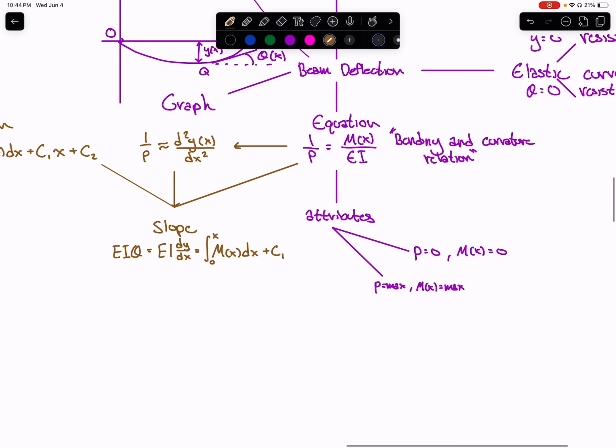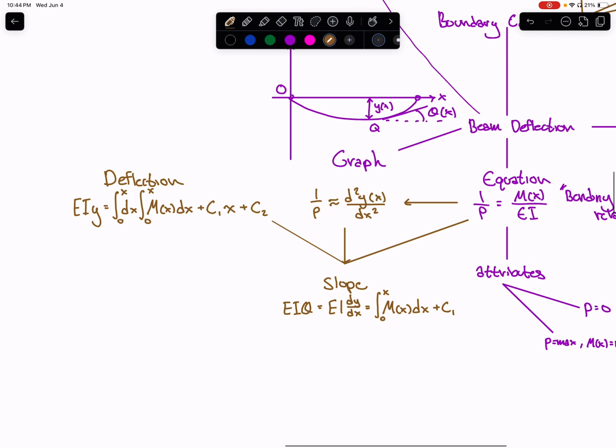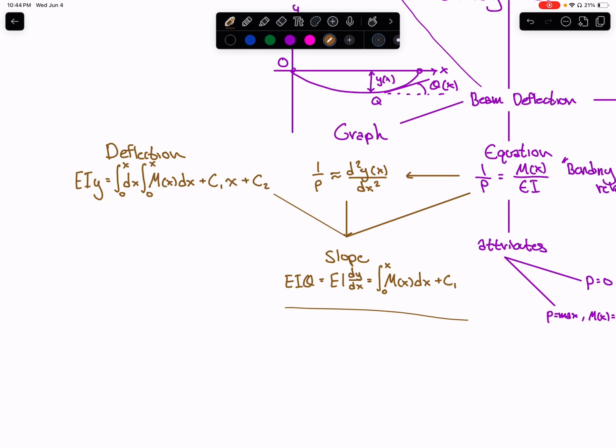So Mx is the second derivative of y(x), so we actually need to integrate to get back to the solution for the displacement. Integrating a single time leads to the slope equation, which we have here.